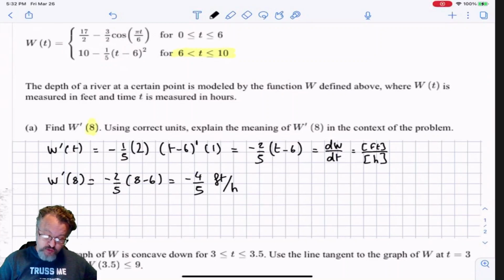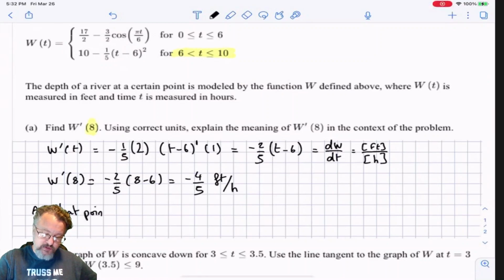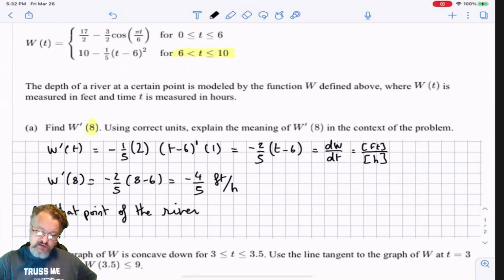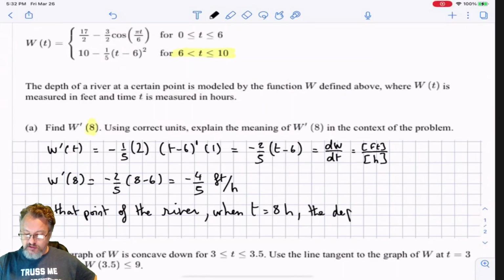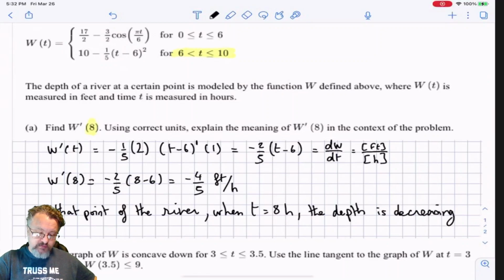That means that at that point of the river, at that point where things are measured, when t equals 8 hours, the depth of the river is decreasing at a rate of negative 4 over 5 feet per hour.